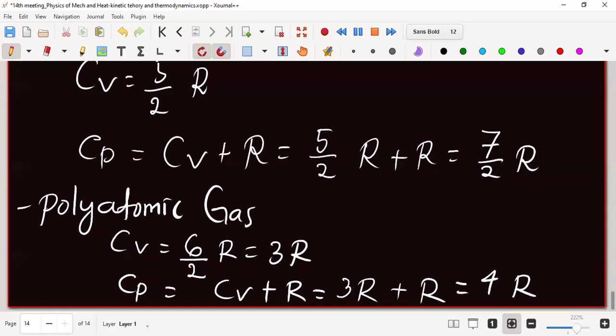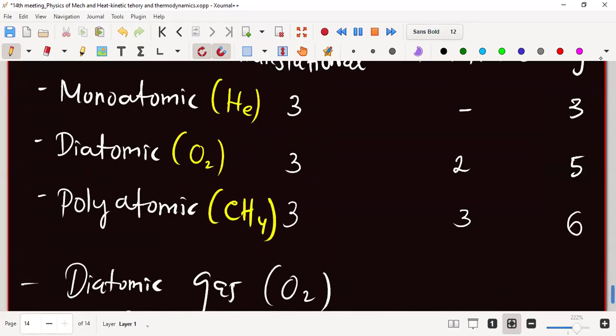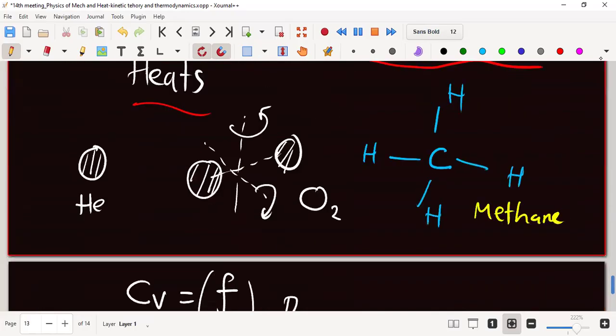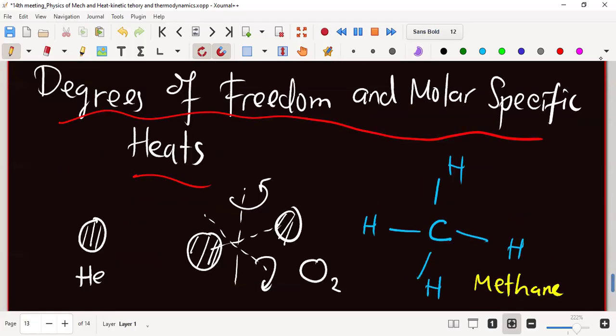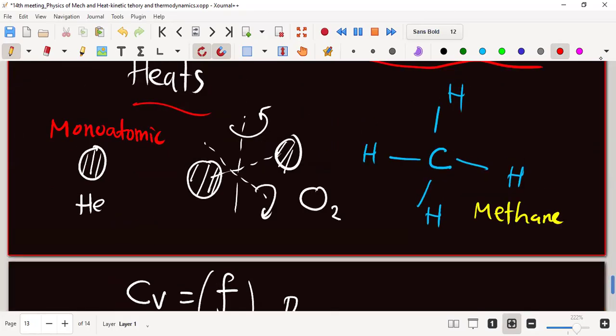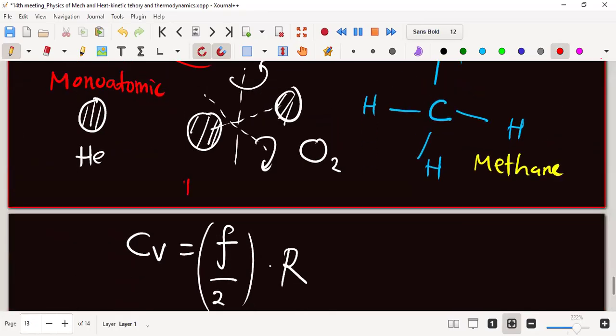Okay, this one is where we talk about the degrees of freedom and molar specific heat. For helium, this one is monoatomic. An example of monoatomic is helium, and then oxygen is a diatomic gas.